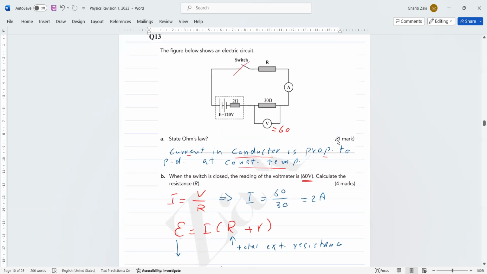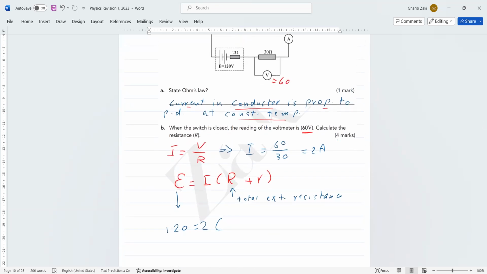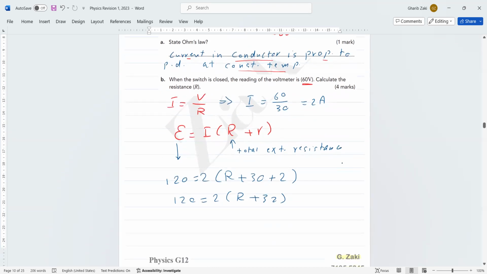We have 2 resistors connected in series, so we add them: R plus 30. What is the internal resistance? It's given, it's 2. From this, we can get R. So 120 equals 2 times (R plus 32). Distribute the 2 over the bracket. So 120 equals 2R plus 2 times 32, which is 64. Shift 64 to the other side, so 56 equals 2R. Then from this, we can get R. R equals 28 ohms. Okay, guys?